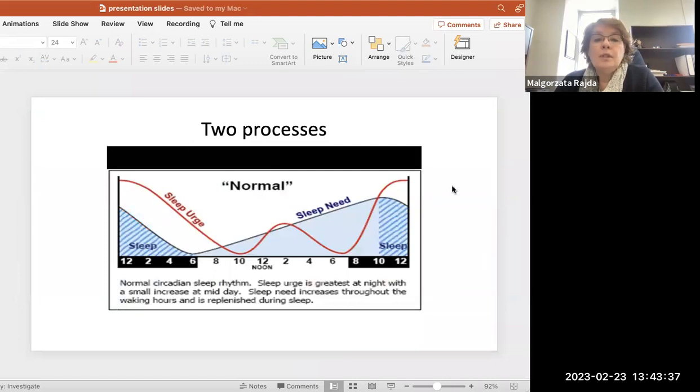Ideally, we want to see those two rhythms coincide, so that the strongest pressure for sleep occurs at the right time of the night, early in the evening, and ideally it coincides with the homeostatic process, that we've been awake at that point for a sufficient amount of time to generate sleep.